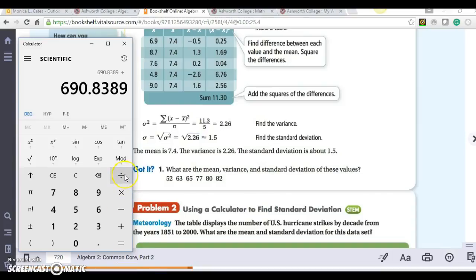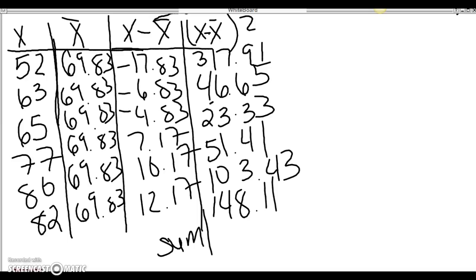Before we divide, let's write that number down. So we get 690.84.